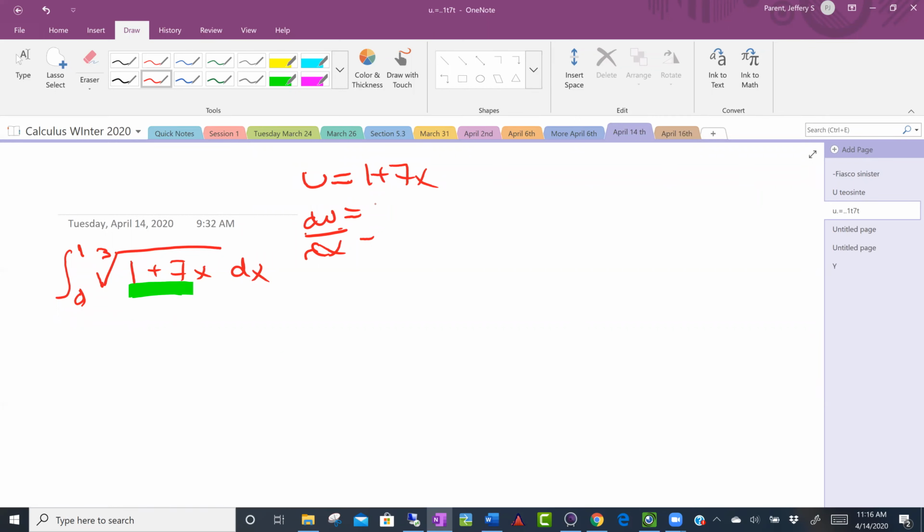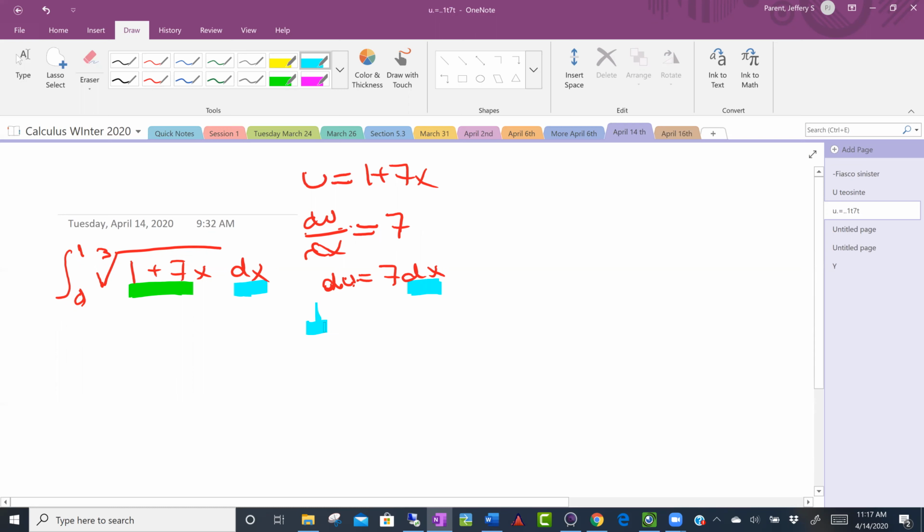So du equals 7 dx. Now looking at what I have in the integrand, I've just got a dx.